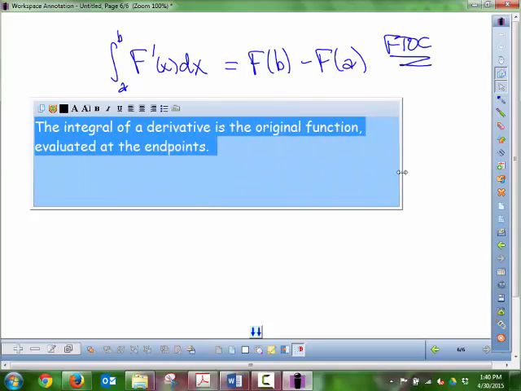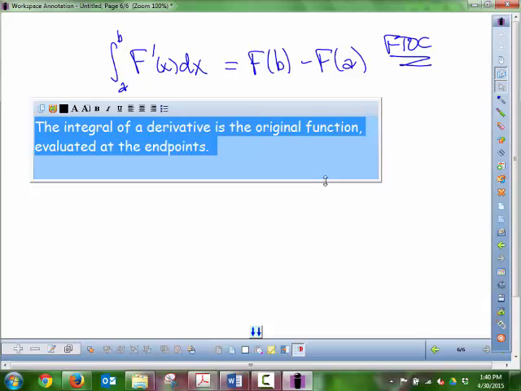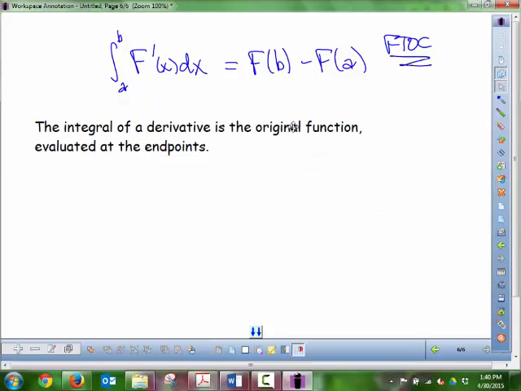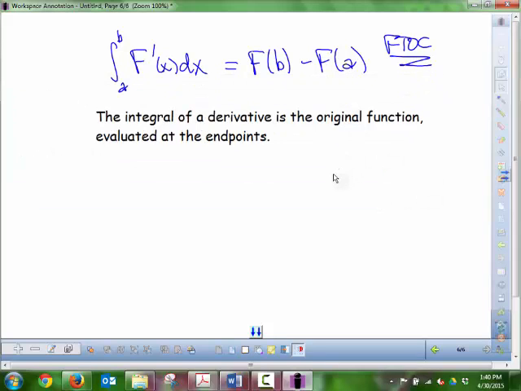So this theme of the fundamental theorem of calculus, where you're taking the integral of a derivative and it's evaluated at the endpoints, will run through the rest of the semester. Okay? Starting now.